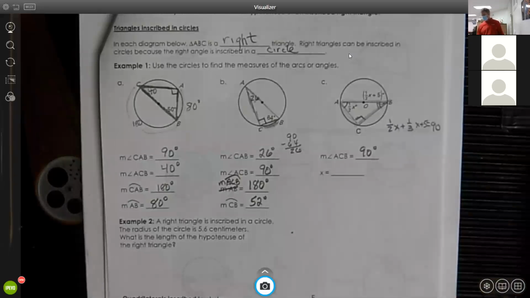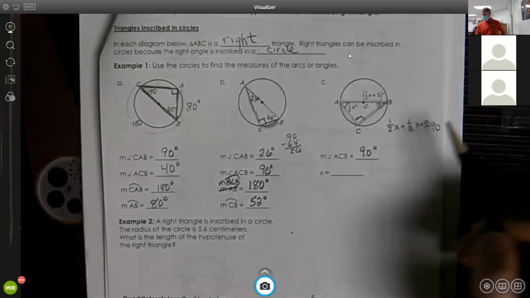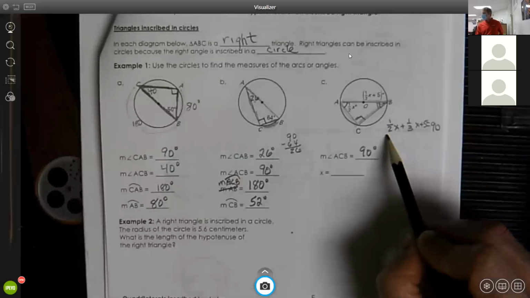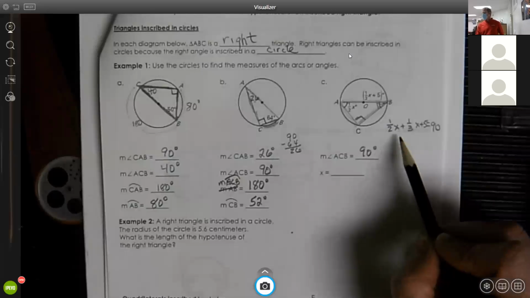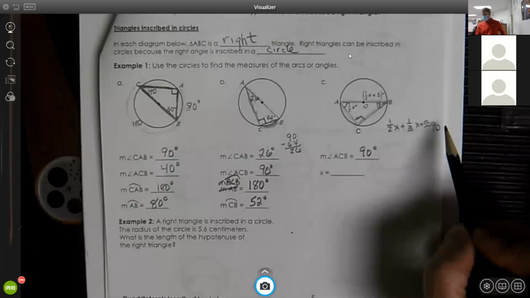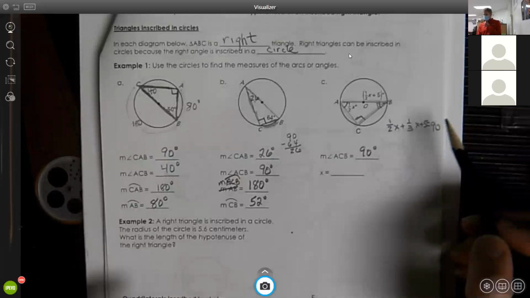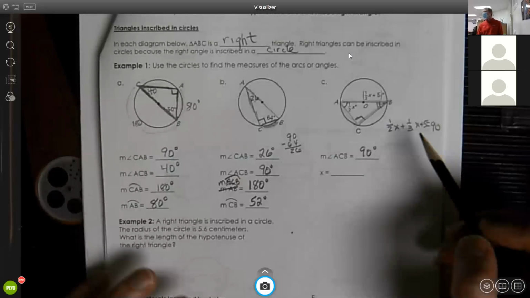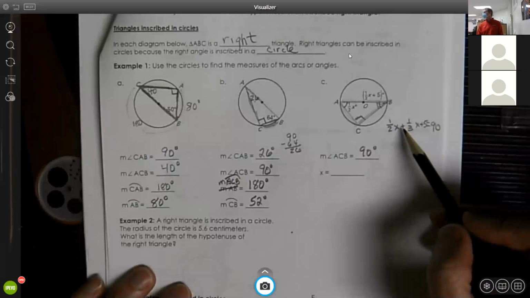So there's a couple different ways we can do this. We seem to have fractions involved, okay? So there's a couple different ways we can deal with that. We need to add those two fractions together. So we need to make them be common denominators.